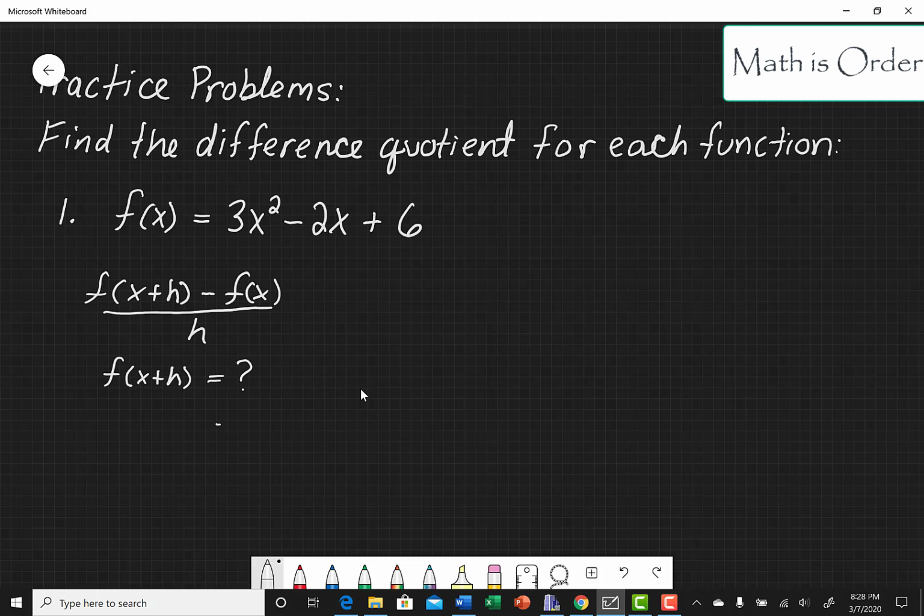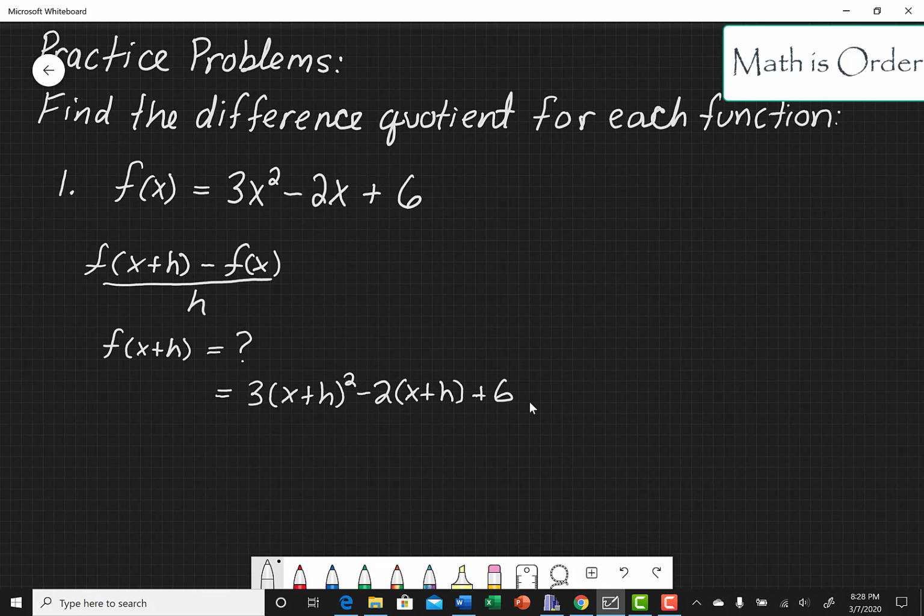This just means that everywhere we see x, we're going to replace it by x plus h. So we're going to have x plus h here minus 2 times x plus h plus 6. And then we want to simplify this.